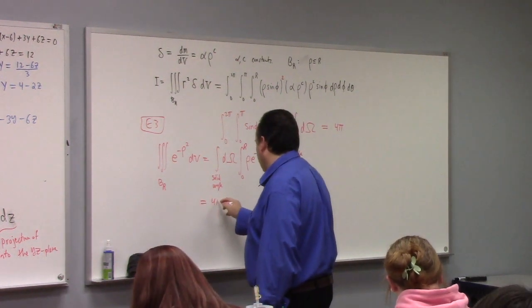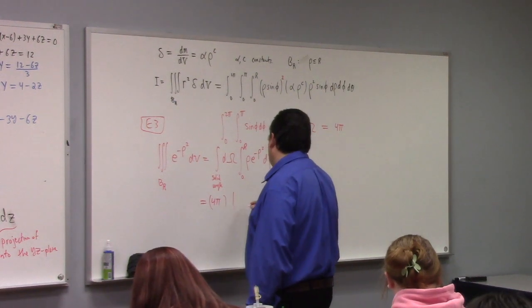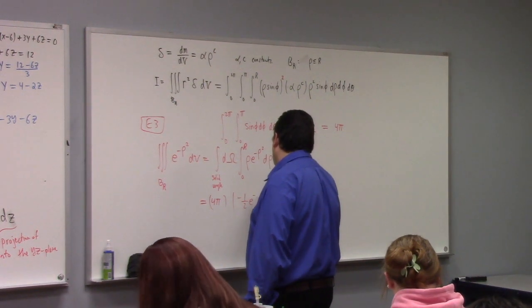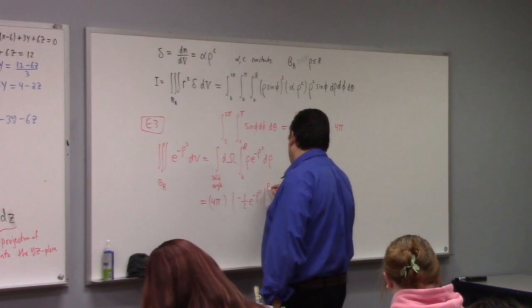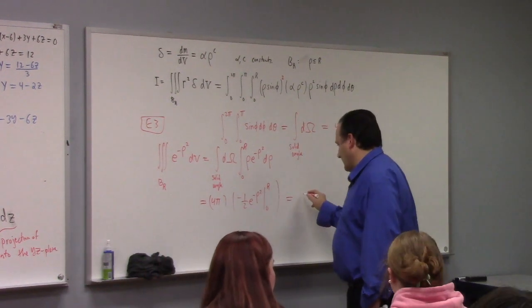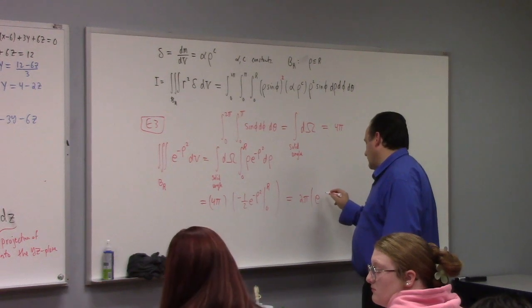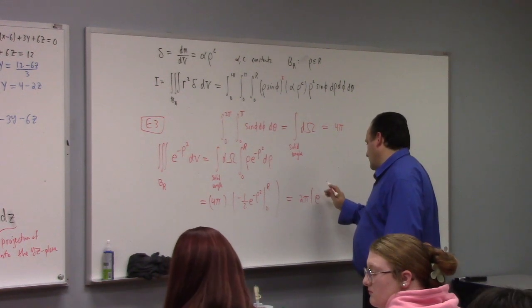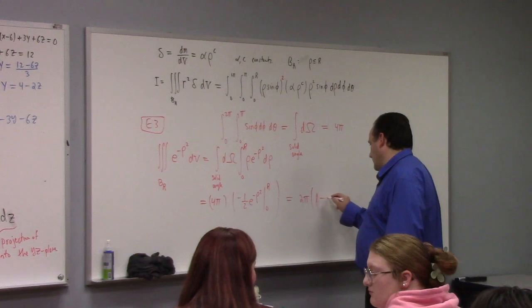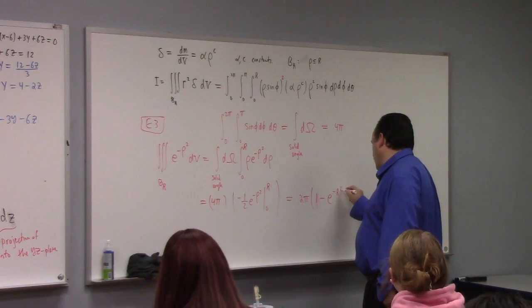So you get 4 pi times minus 1/2 e to the minus rho squared, evaluated from 0 to r. So we get 2 pi times (1 minus e to the minus r squared), if I haven't made a stupid mistake.